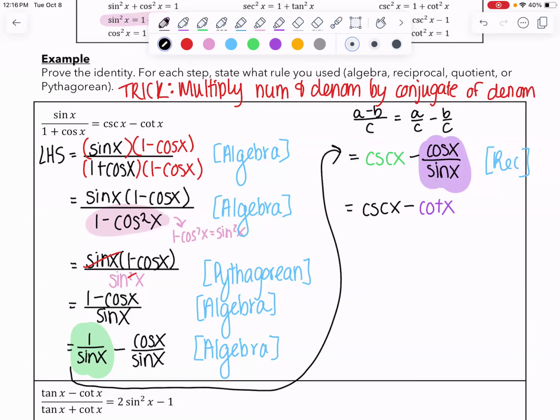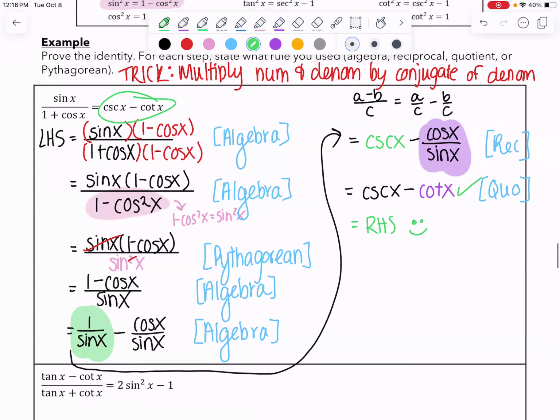That's equal to cotangent x. And look at it, that was what we wanted. That's our right-hand side. The left-hand side turned into the right-hand side, and we put a smiley face. All right, and that's that one.